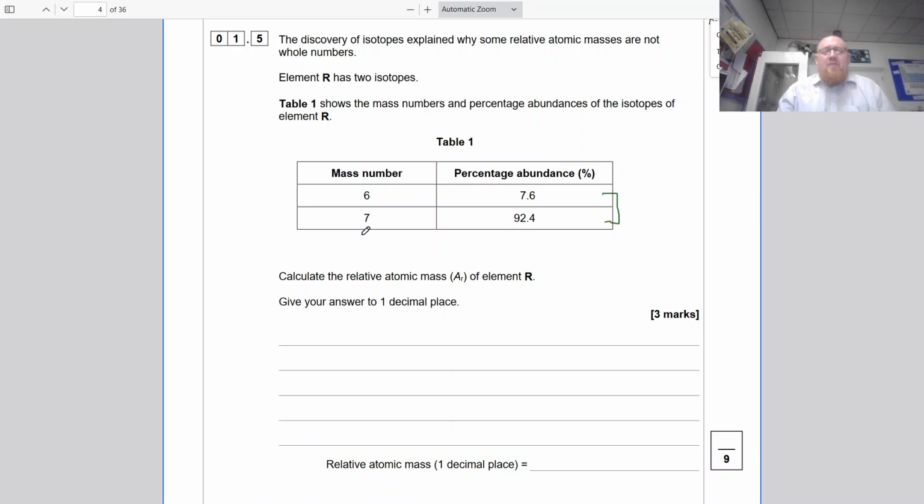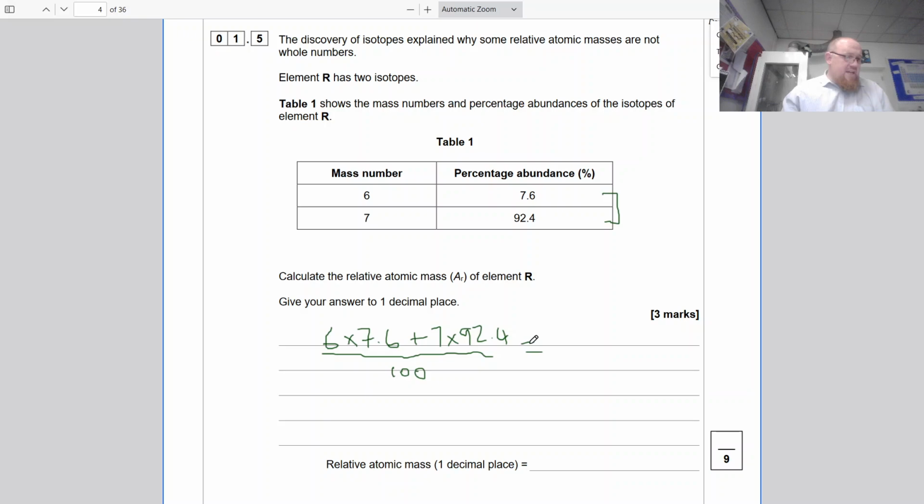So what we're trying to work out is what the average mass of one of these atoms is. And we can see it's a percentage, and we know that all our percentages add up to 100. So if I go 6 multiplied by 7.6 plus 7 multiplied by 92.4. And what I'm going to do, so that it's an average and there's 100 atoms, we go for divide by 100.